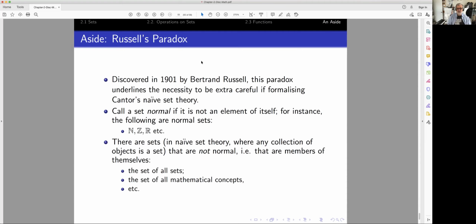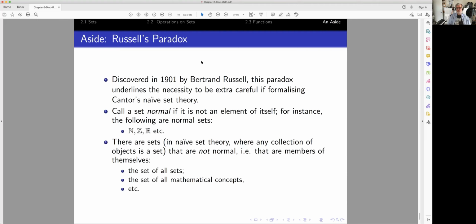So for example, natural numbers, integers, real numbers, these are normal sets because they are not elements of themselves. The empty set is also normal. But there are sets in naive set theory, if you allow anything to be defined as a set, there are sets which are not normal.